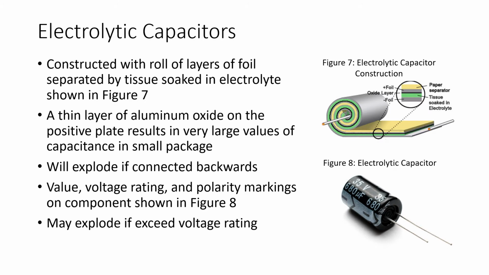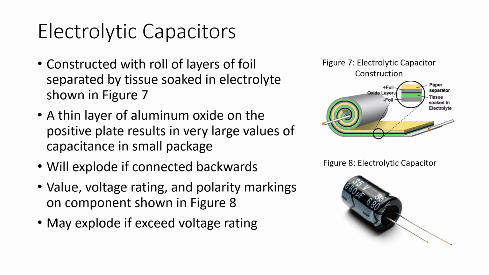So let's take a look at the electrolytic capacitor. These capacitors are constructed by taking lengths of foil and separating them with tissue that's soaked in an electrolyte. And then these lengths of foil are rolled up so that they can be placed inside of a case, such as we see in figure 8.